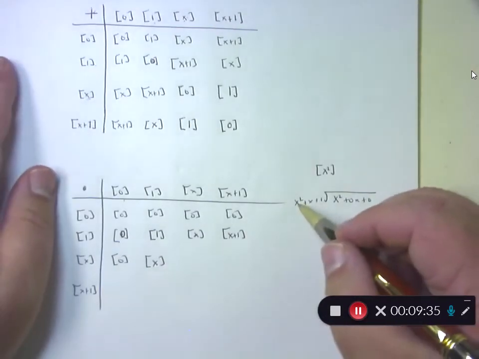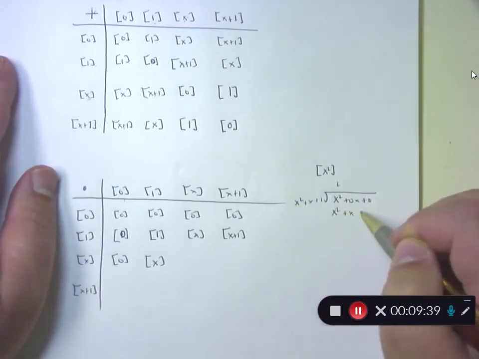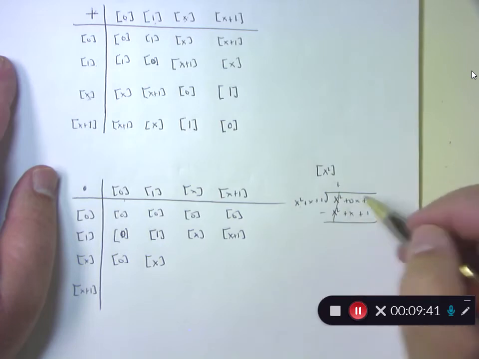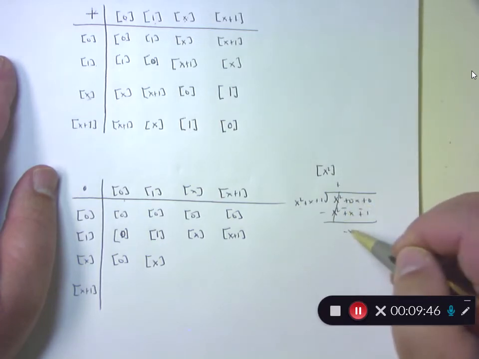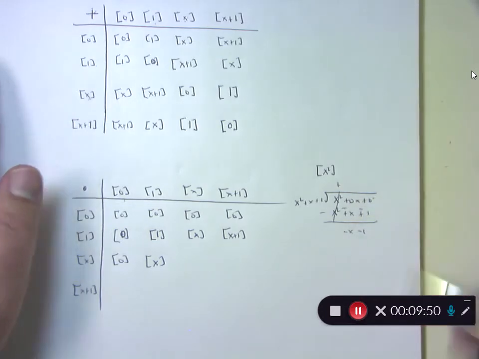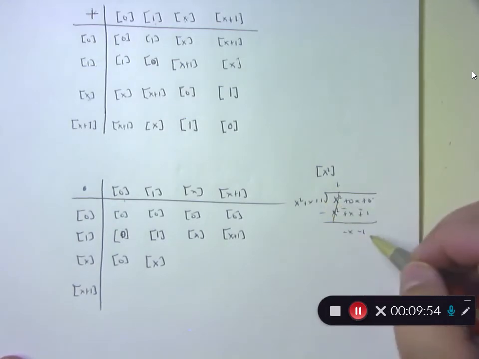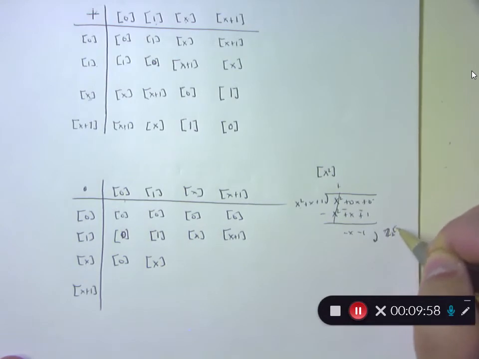What times x squared is x squared? It's 1. So multiply. That'll be x squared plus x plus 1. You're going to subtract. That cancels. Change all your signs. So 0x minus x is minus x. Plus 0 minus 1 is minus 1. x squared plus x plus 1 doesn't go into negative x, but you remember you got to put it back in terms of that Z2 adjoined x.